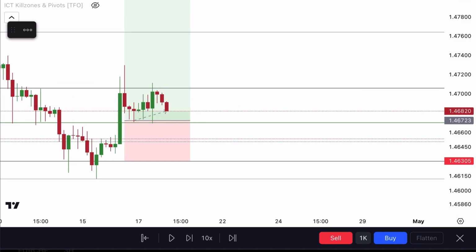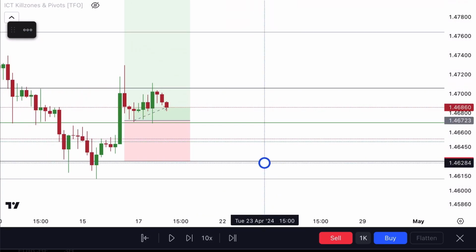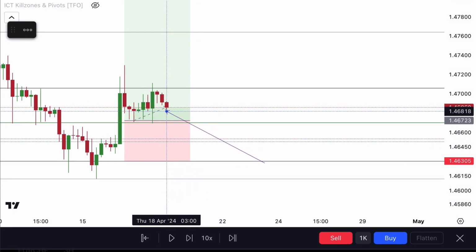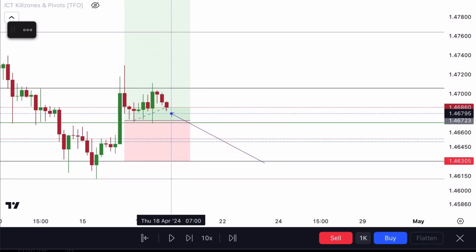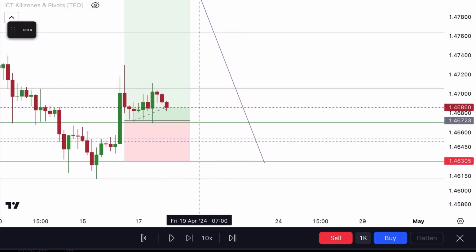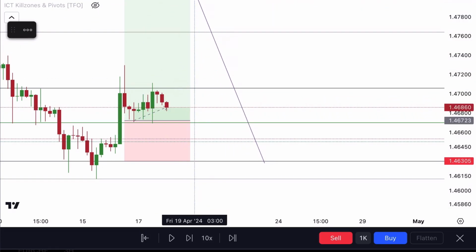As you can see right here, I think it was somewhere right here that I put my stop loss to break even because we were already at the end of the week. You can see this is Thursday. So for price to go from here all the way to my TP, it would have needed a significant amount of volume to come in and push the price all the way to TP.